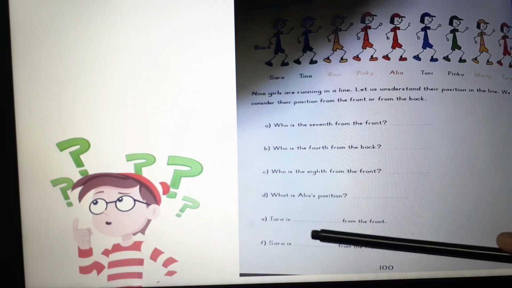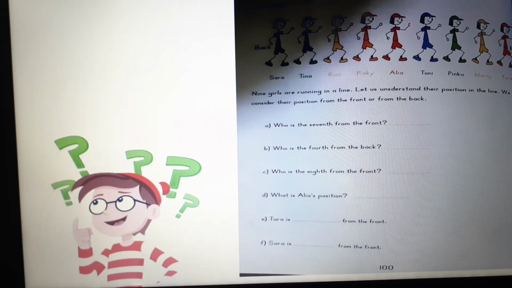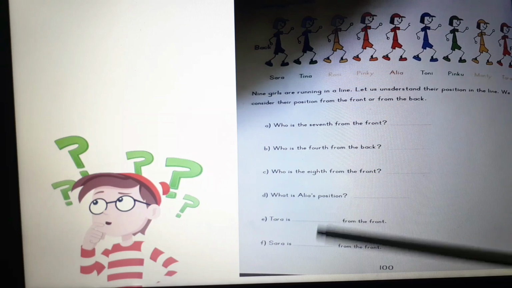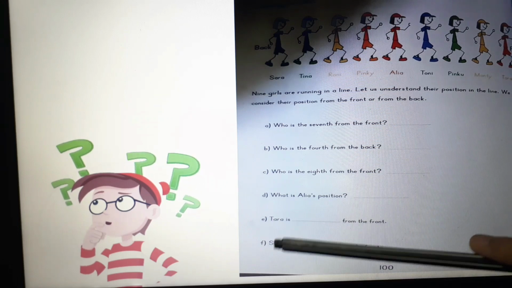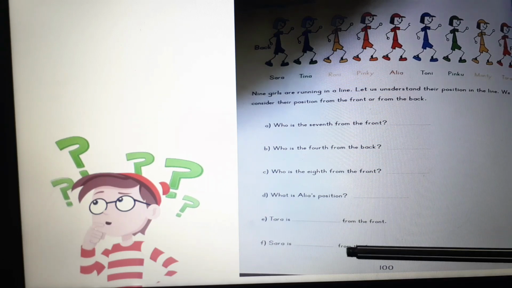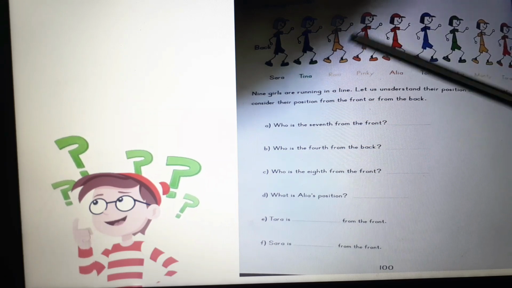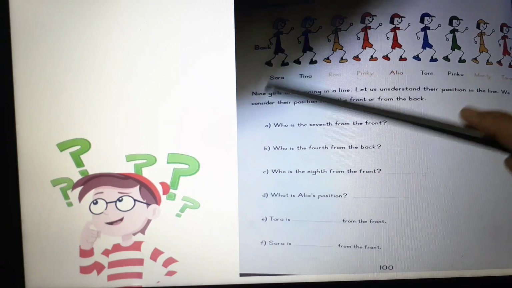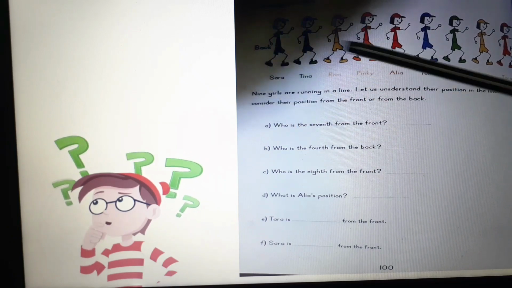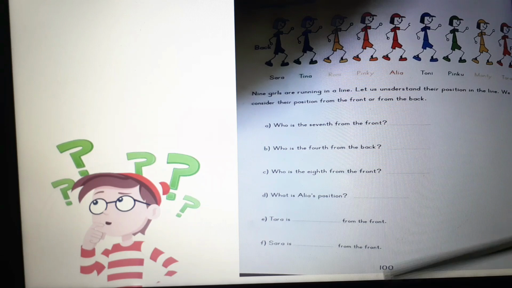Then E number. Tara's position from the front? Tara is in the first position from the front, so the answer is first. Then Sarah's position from the front. First, second, third, fourth, fifth, sixth, seventh, eighth, ninth. Sarah is ninth from the front.